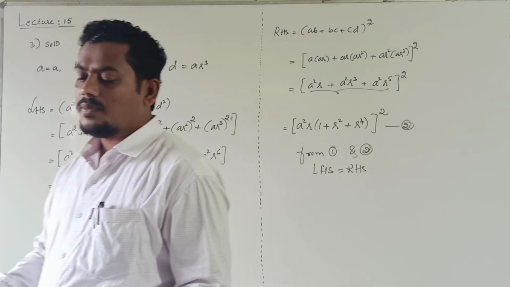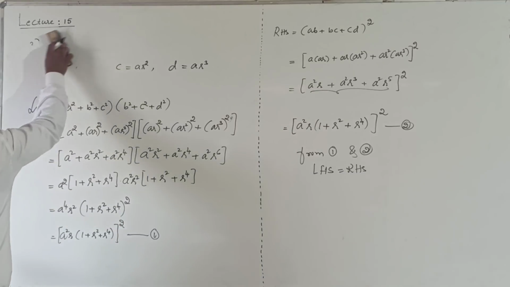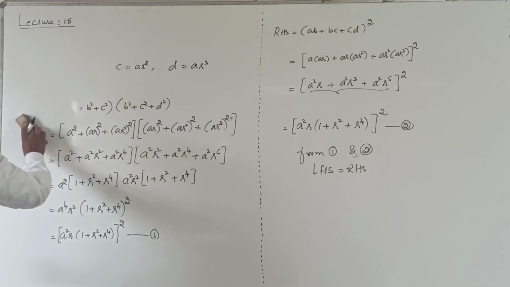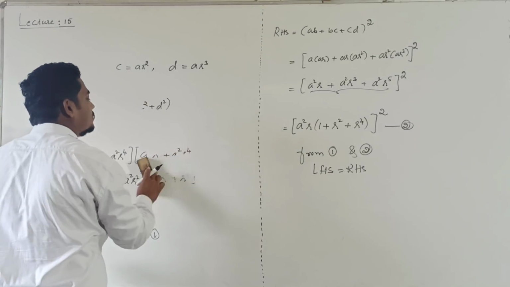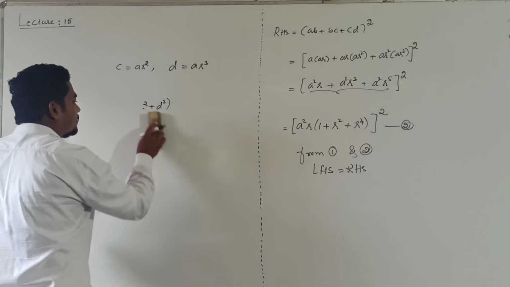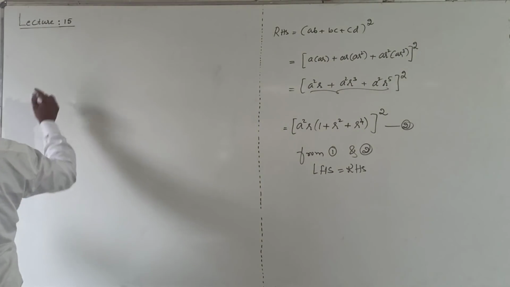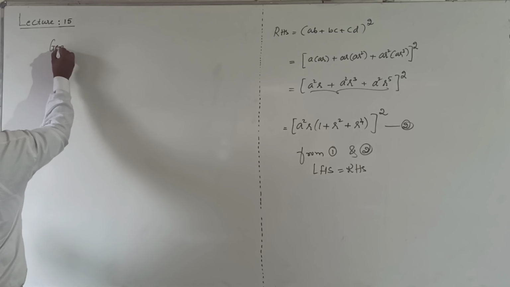Next, geometric mean. It is known as GM. Geometric mean between two positive numbers.